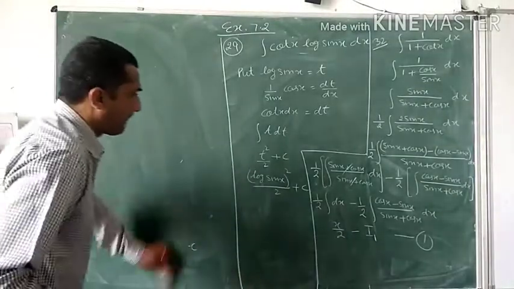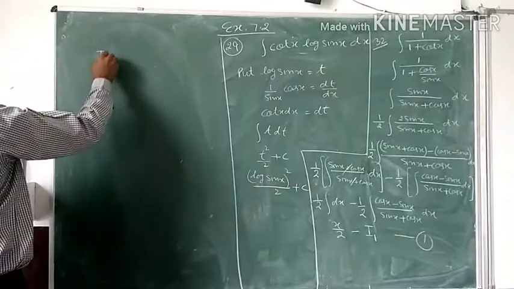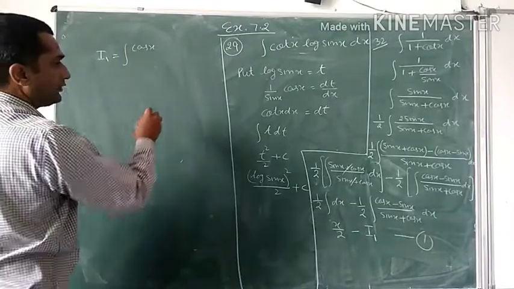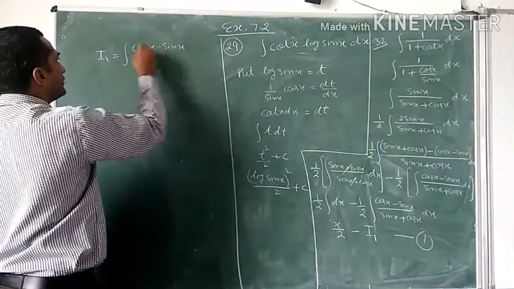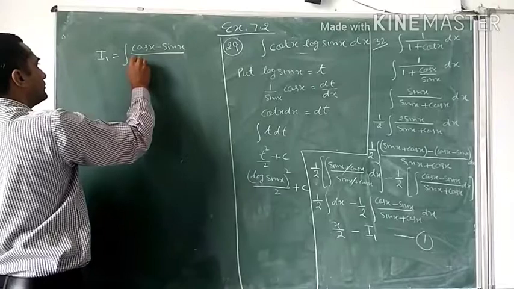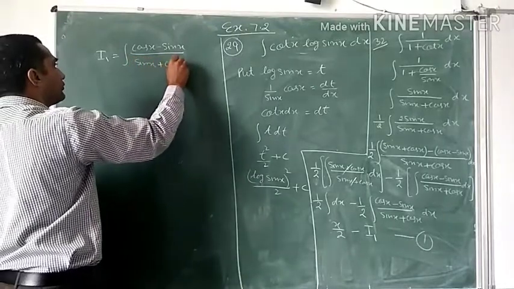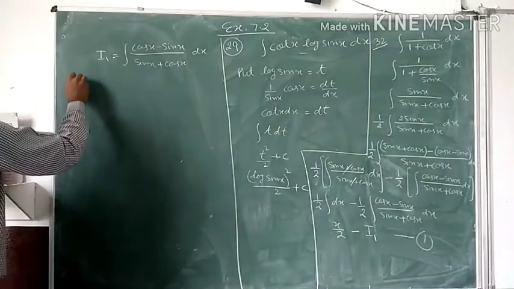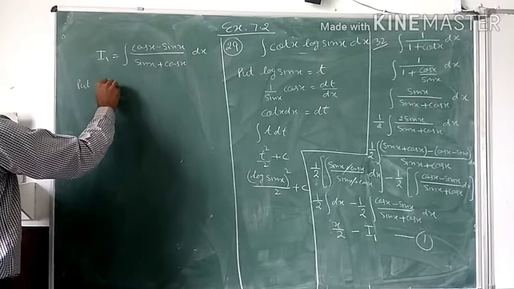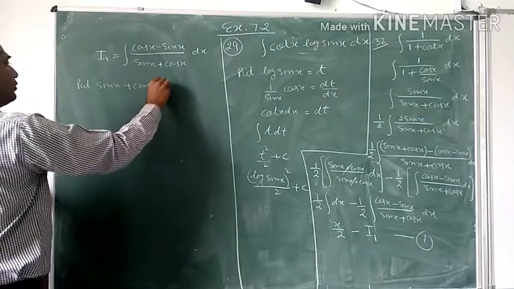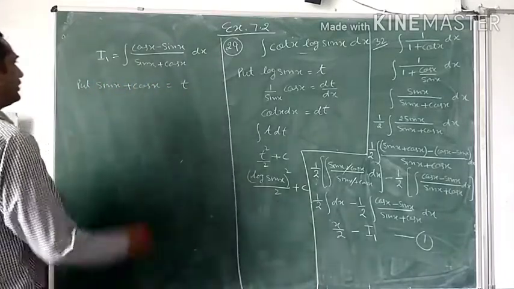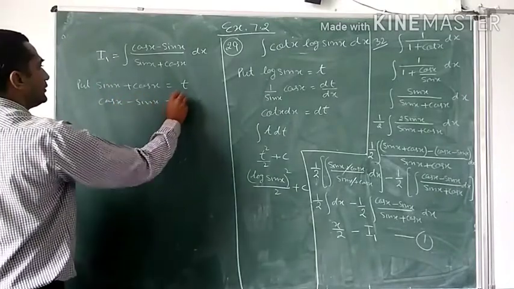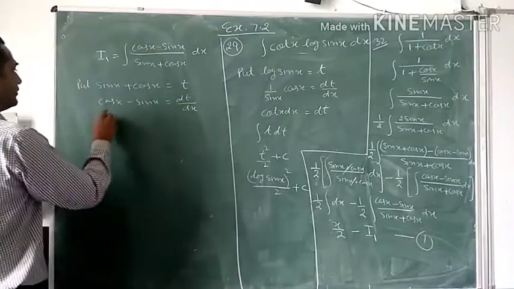Take I1 is equal to integration of cos x minus sin x over sin x plus cos x dx. So put sin x plus cos x is equal to t. Derivative of this, cos x minus sin x is equal to dt over dx.